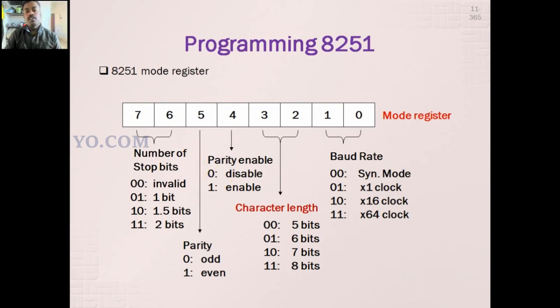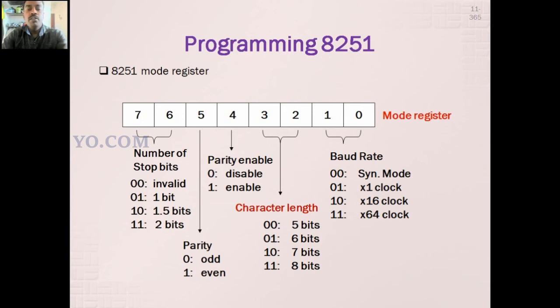The first two bits are assigned for baud rate. What is baud rate? Baud rate means how many bits are transferred per second. In communication, in the COM port, baud rate is how many bits transfer per second.